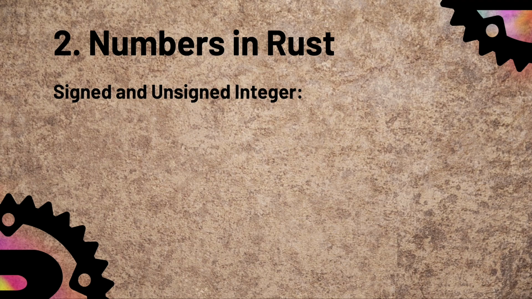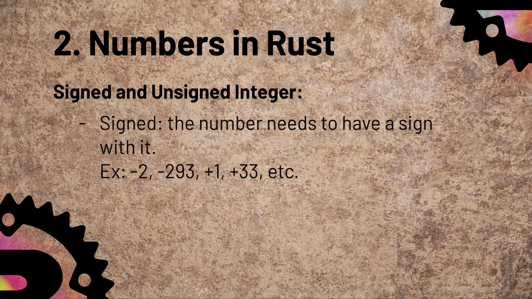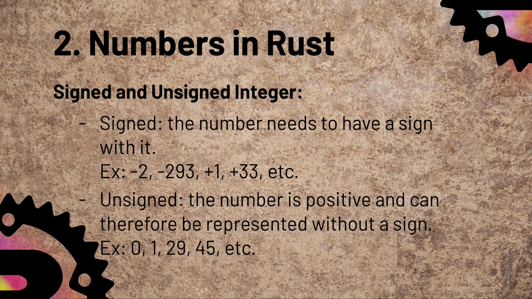So signed and unsigned refer to whether it's possible for a number to be negative. In other words, whether the number needs to have a sign with it, or whether it will only ever be positive and therefore be represented without a sign.